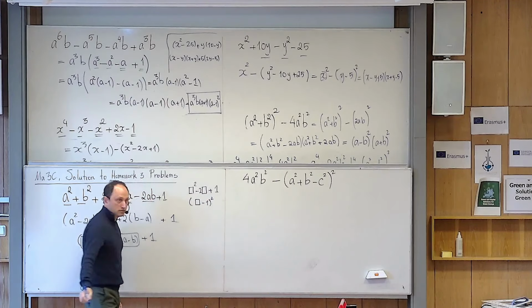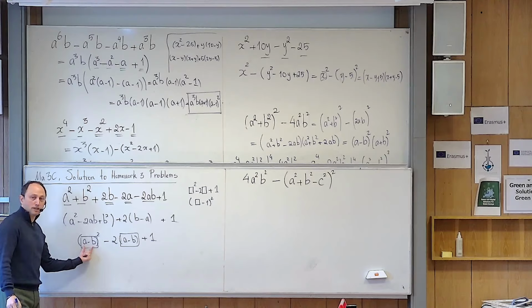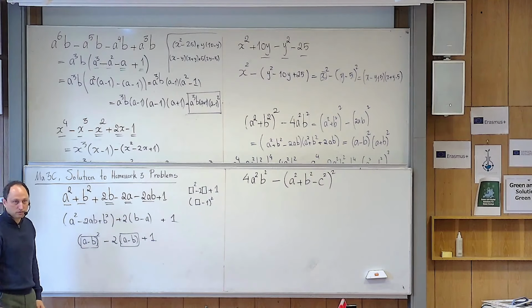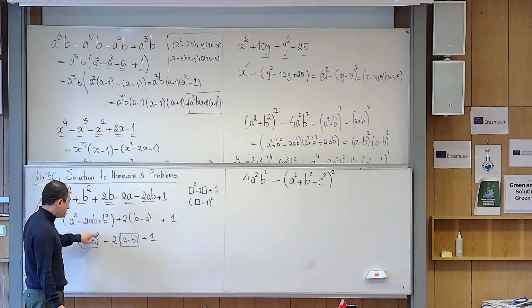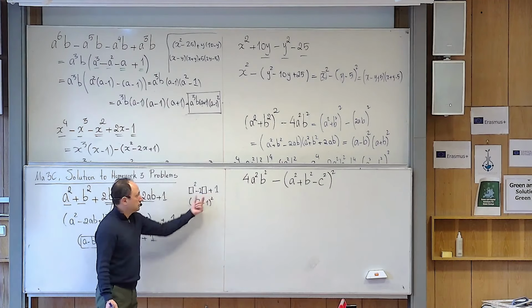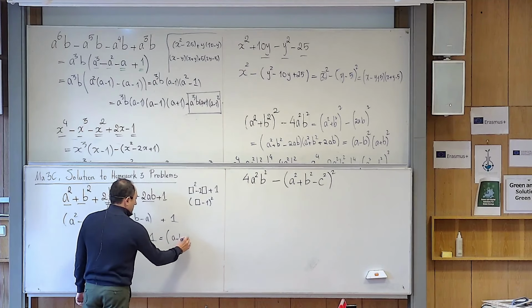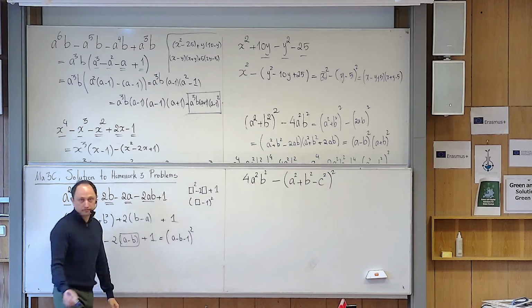Do you see that? Okay? It is the same thing, but a minus b is playing the role of your box. That's it. Box squared minus 2 box plus 1, you know the answer. It is the box minus 1 squared.